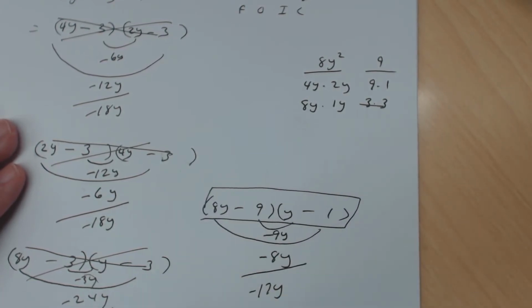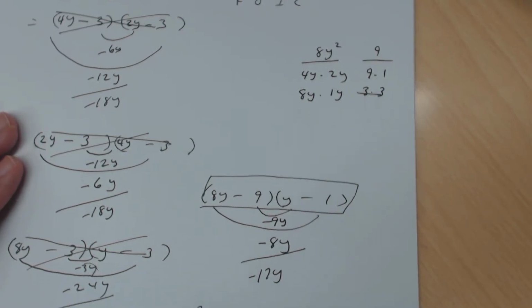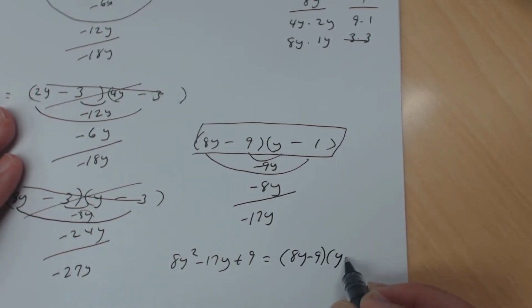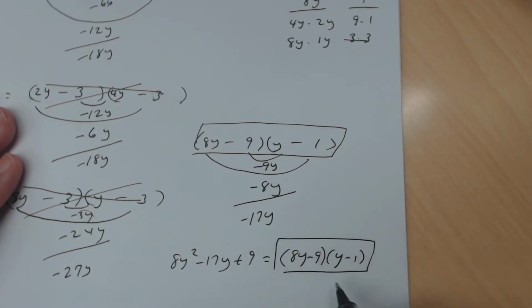There's your answer. So 8y squared minus 17y plus 9 equals 8y minus 9 times y minus 1. Or remember, you can always say y minus 1 times 8y minus 9. Does not matter.